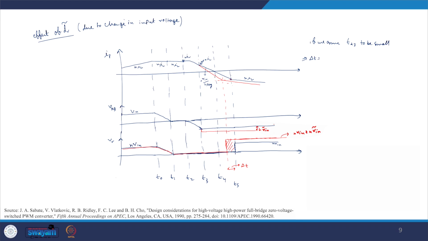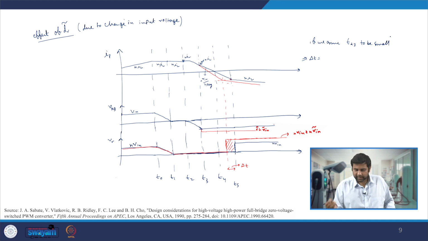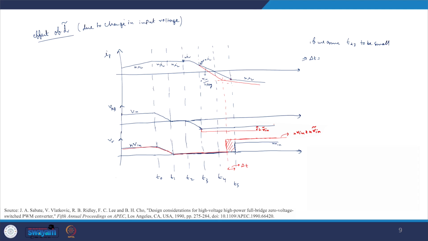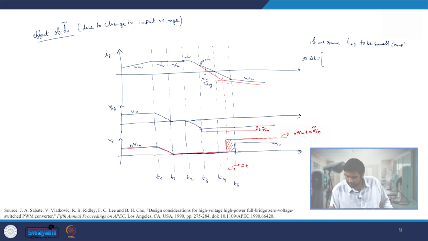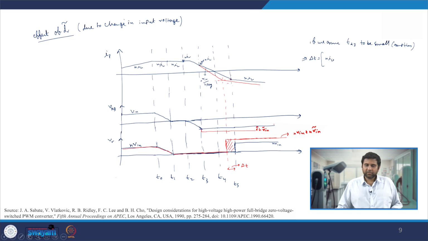is equal to, we can use the term V equals L di dt, and the dt we can take up, which is nothing but V in by L into di. So to write down the delta t expression, during this time, this is the assumption we have taken. Because of that, it is nothing but NIL which was there previously, and at that point it reaches this point, minus NIL, because at this point you have again reached minus NIL value.